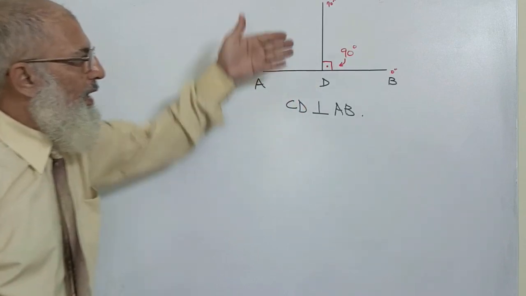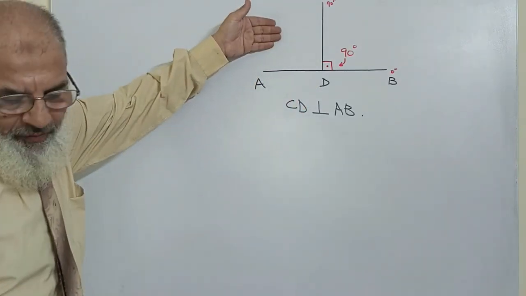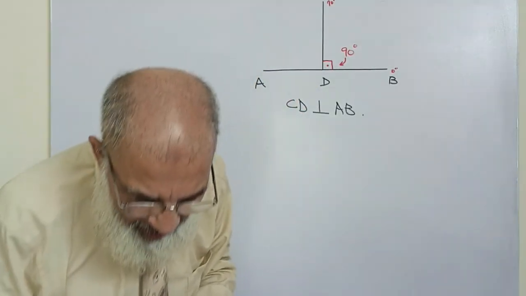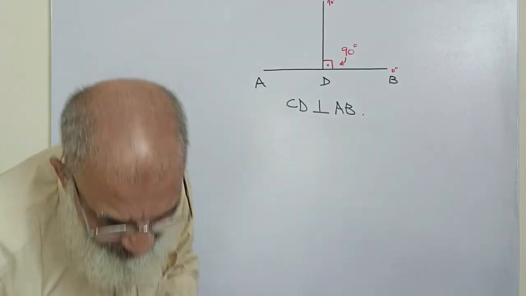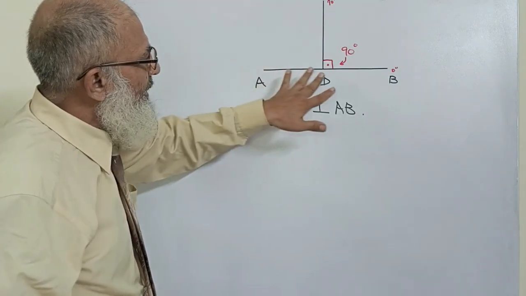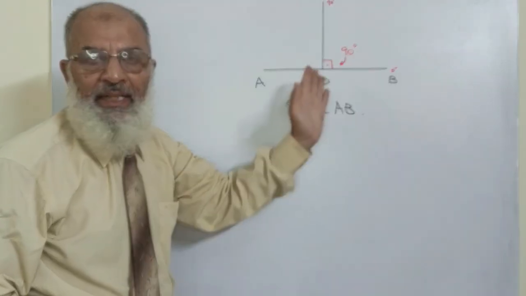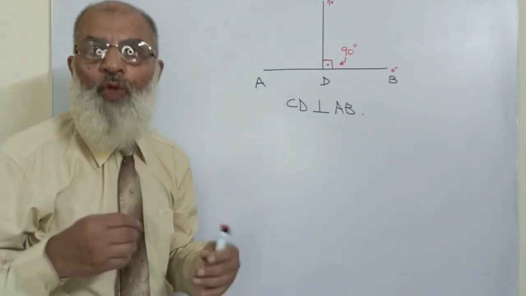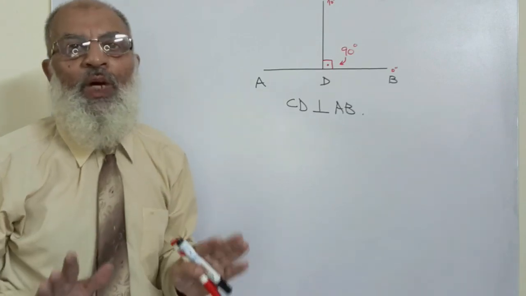Now this is a perpendicular, the demonstration of a perpendicular angle. So we can say that if two lines meet each other at right angle. Now, what is right angle and what is perpendicular? They are one and the same thing.